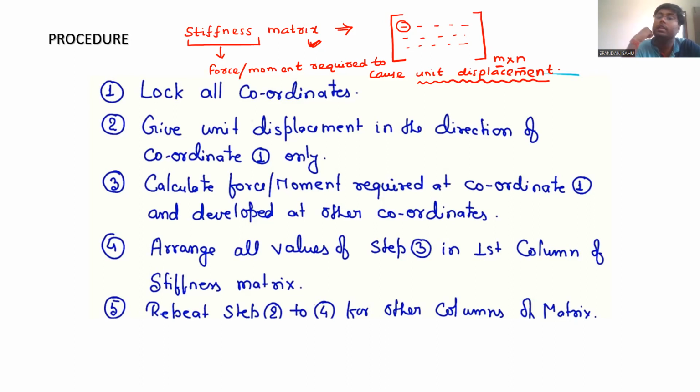After providing unit displacement, to ensure that unit displacement has occurred at that joint, you need to apply some external force or moment. That quantity, that force or moment, will go into all those elements. And these elements are nothing but stiffness coefficients.